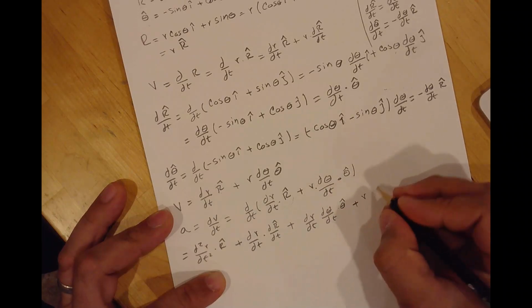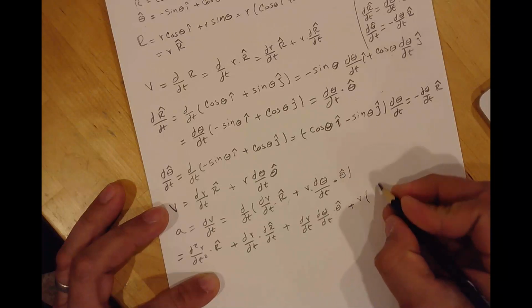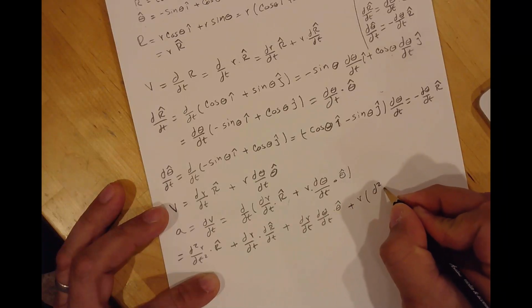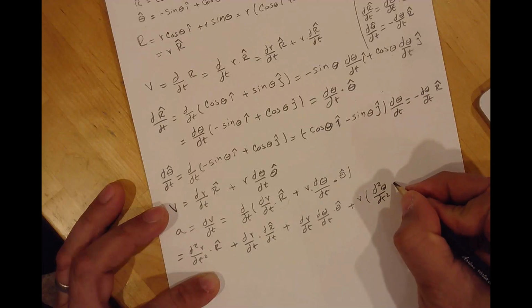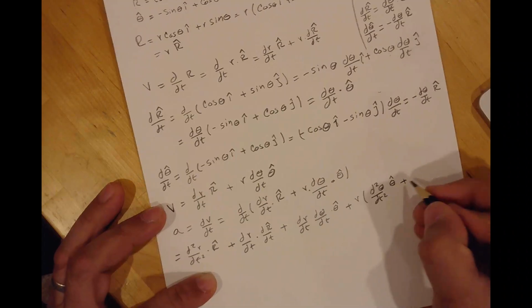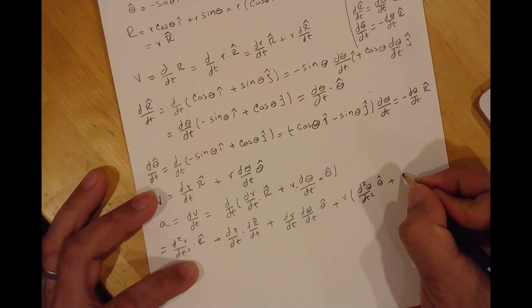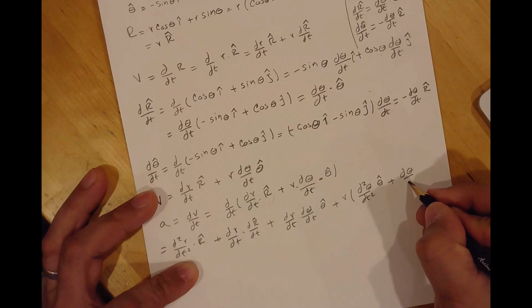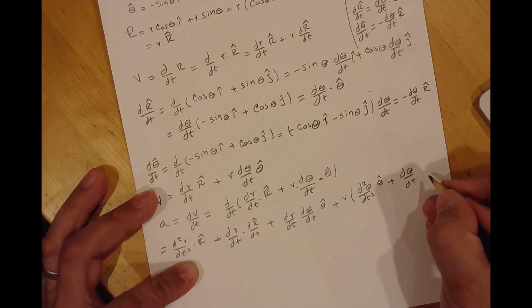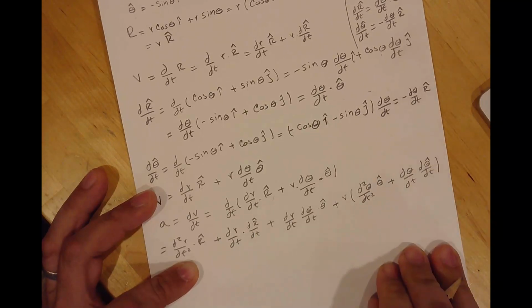So we have r multiplied by the second derivative of theta with respect to t, plus the derivative of this one, where we keep the factor as it is, multiplied by the derivative of the unit vector.